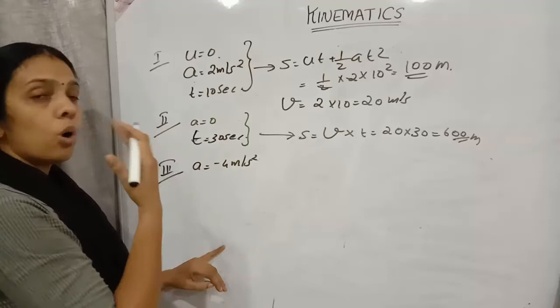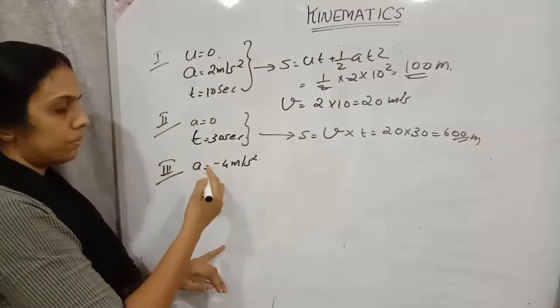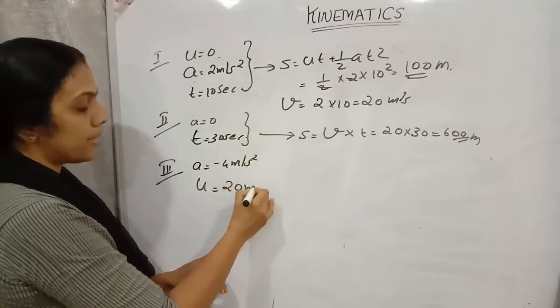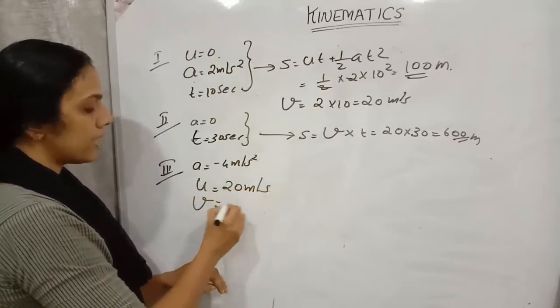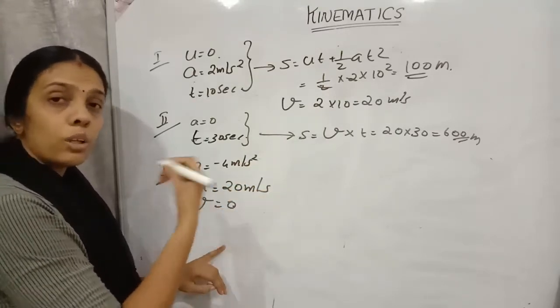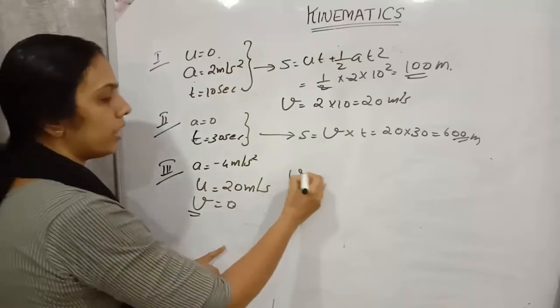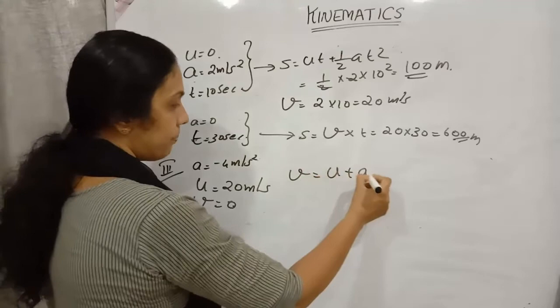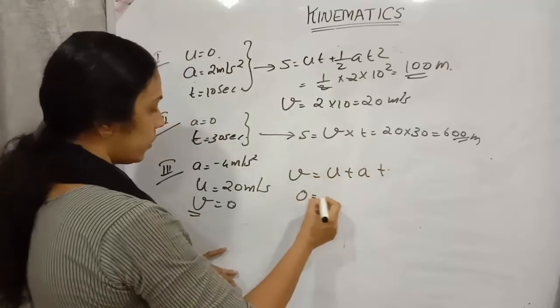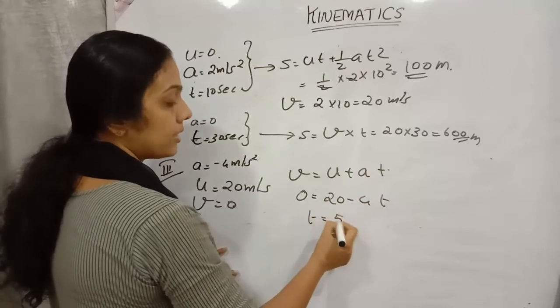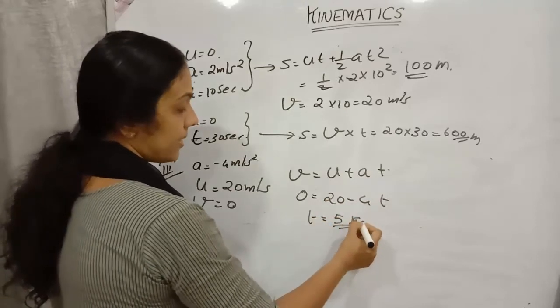Next it is moving with minus 4 meter per second square till it stops. The initial velocity here will be 20 meter per second and final velocity is equal to 0. How long will it take to come to rest? v equals u plus at, therefore 0 equals 20 minus 4 into t, so t is 5 seconds.